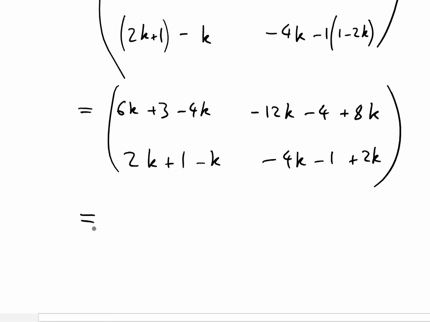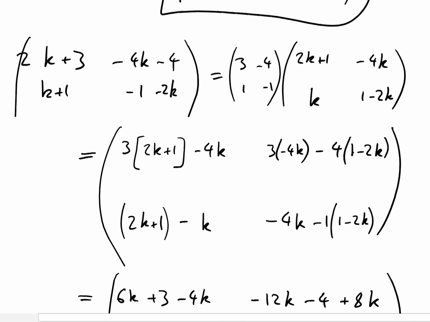Hopefully it falls out. So we've got 6k minus 4k, that's 2k plus 3. And then here we've got, what's this? This thing here is minus 4k minus 4. And this thing here is k plus 1. And this thing here is, what's this? Minus 2k minus 1.